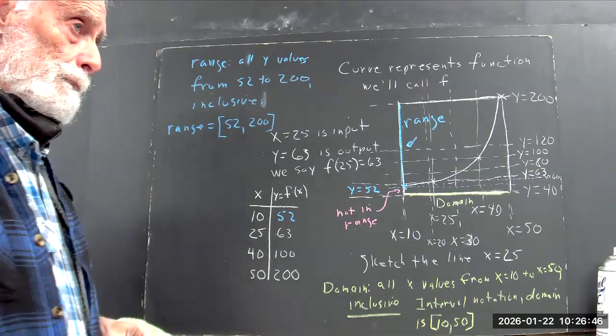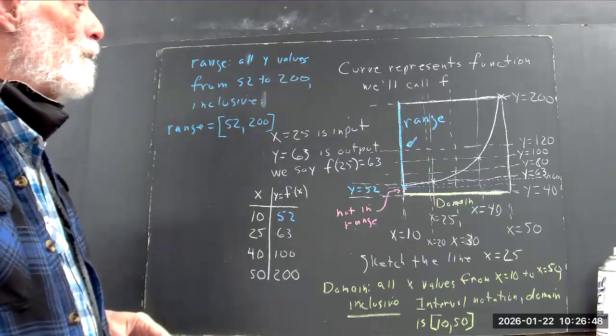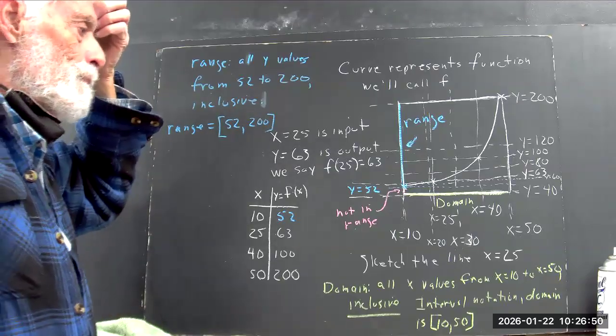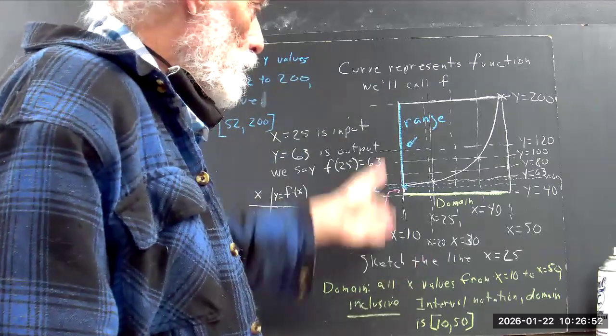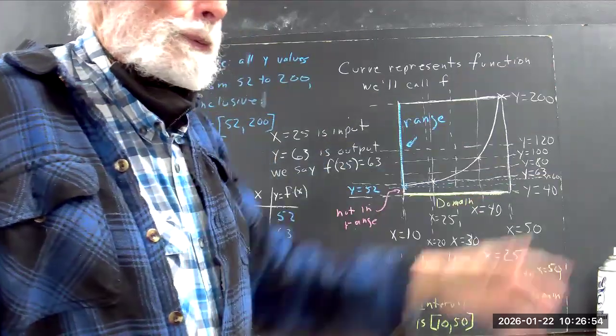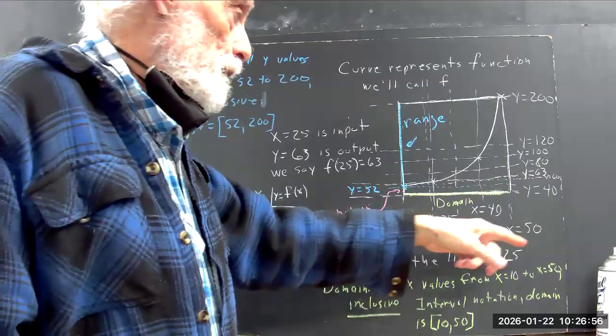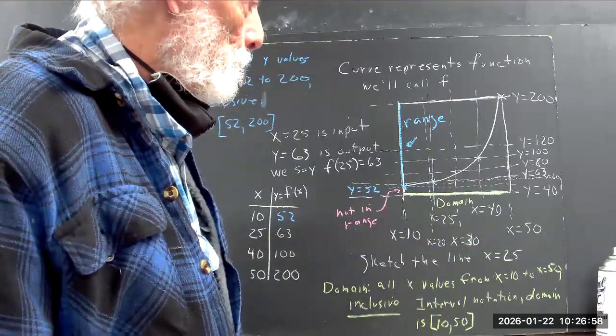There's a picture. Again, the picture is of two vertical lines, x equals 10 and x equals 50, x equals 50 to the right of x equals 10.